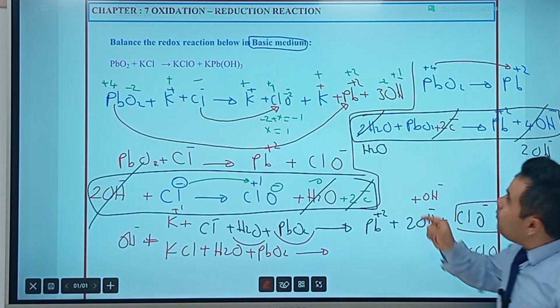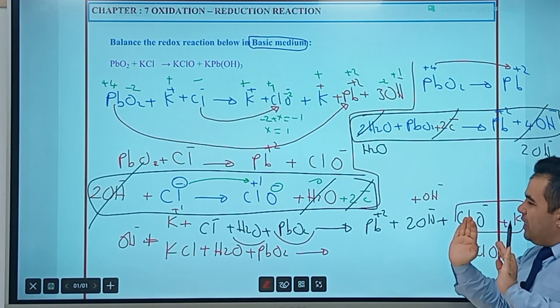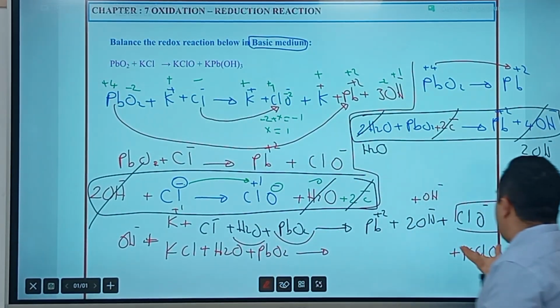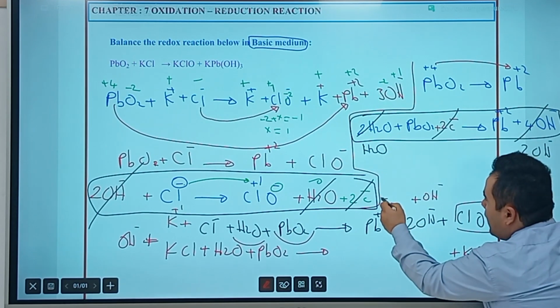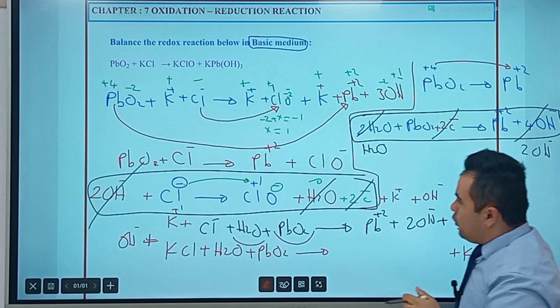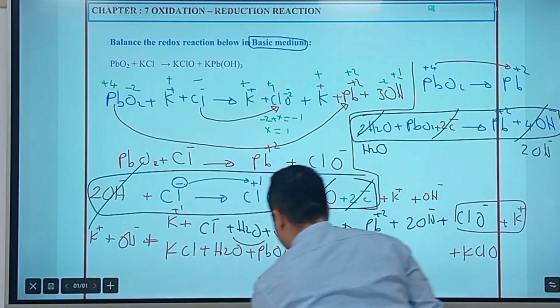How about how many Pb do we need? 1 Pb. Here we have 1 Pb, we do not add Pb. How about K? 1 K. Do we have more available Ks? No, we have to add 1 K as well. So when you add K for the product, don't forget to add the same for the reactant.